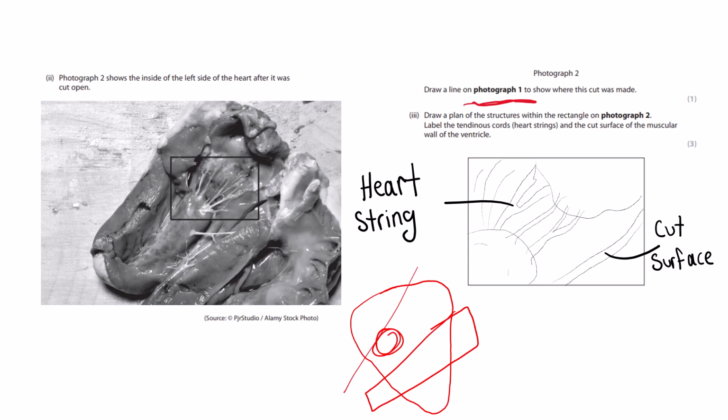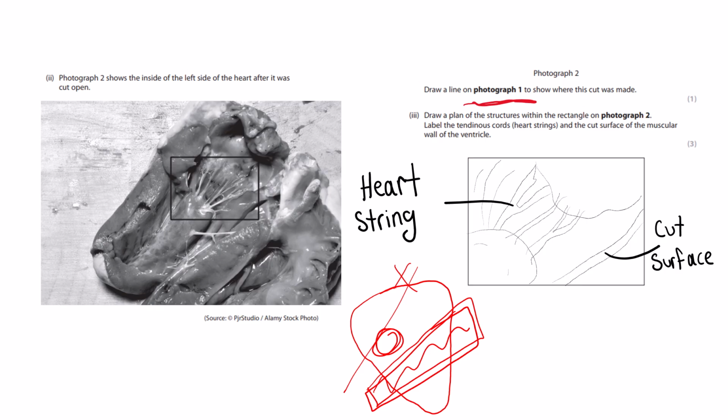So if we cut over here, it wouldn't make sense. You need to cut a little bit below it so you can see. So if you go on the previous slide, you're going to see a red box like this. This is where the cut was made. Draw a plan of the structures within the rectangle on photograph 2. Label the tendons, cords, heartstrings, and the cut surface of the muscular wall of the ventricle.